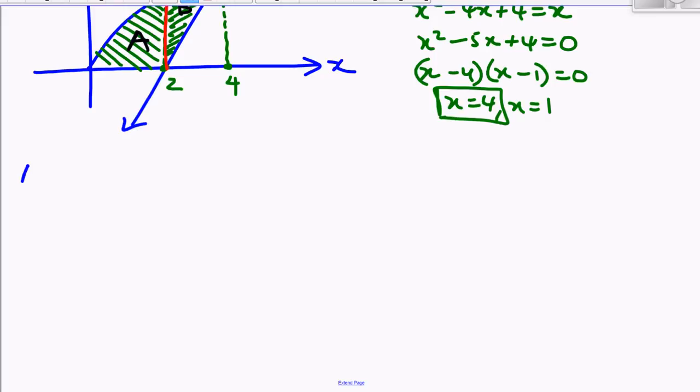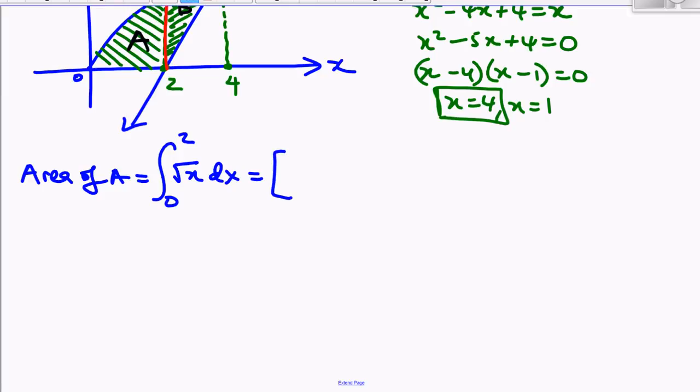So the area of A will be the integral from 0 to 2 of the square root of x, which will be x to the power 3 over 2 over 3 over 2, which is 2 over 3 x to the power 3 over 2.